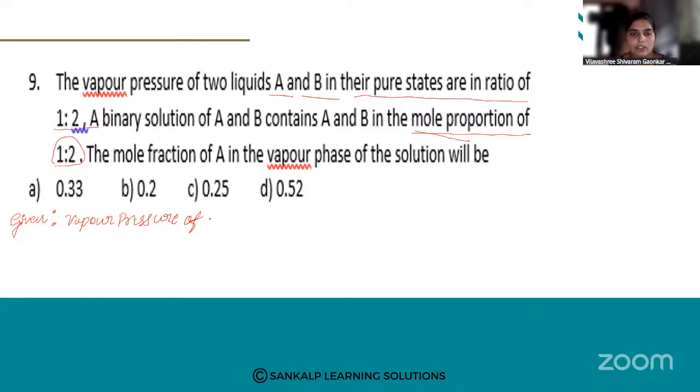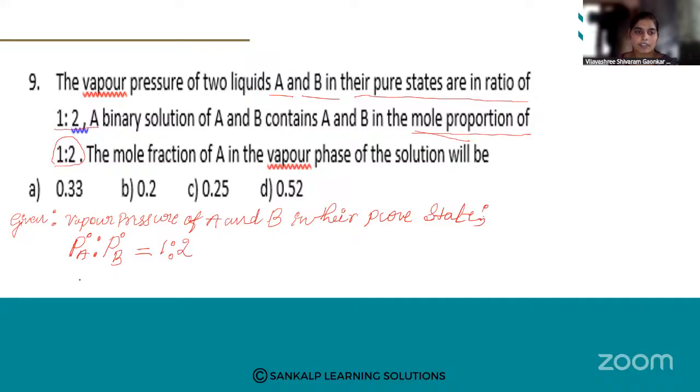Vapor pressure of A and B in their pure state in the ratio 1:2, right? I will write it as P naught A is to P naught B equal to 1:2.